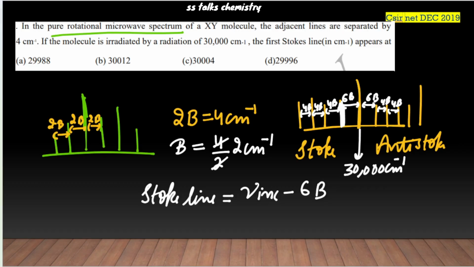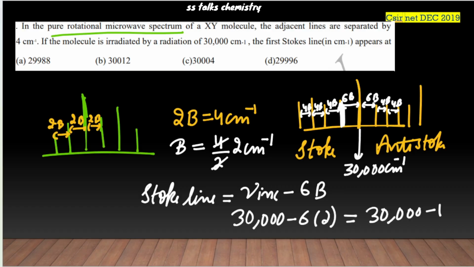So it becomes 30,000 minus 6 times 2, that means 30,000 minus 12. On solving this we get 29988 centimeter inverse. So this is where you are going to observe the first Stokes line. So option A is the right one.